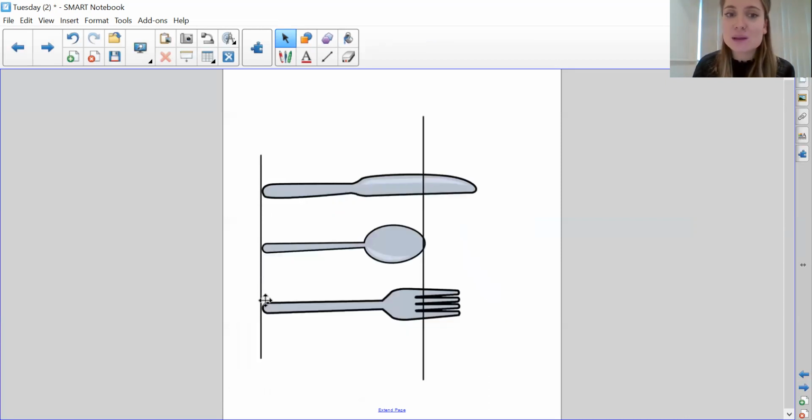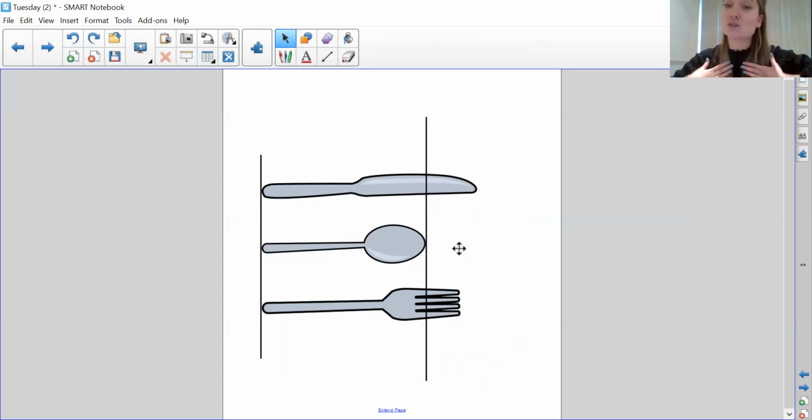So I've lined them all up again. And there we go. Like we did before, I had a look at which one was the shortest. And I knew that it was the spoon because if I draw my line, you can see the spoon stops first. So the spoon is the shortest.